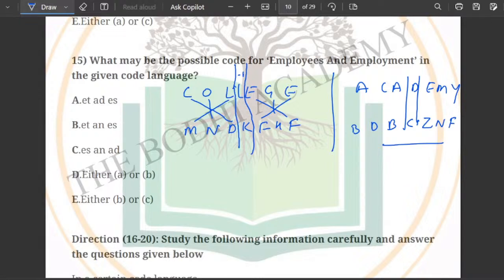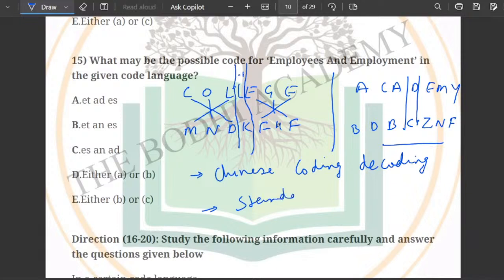So today, please try to solve the two types of question. These type of questions which we have solved, question number 20, are called Chinese coding decoding. And the other one is called the standard coding decoding.